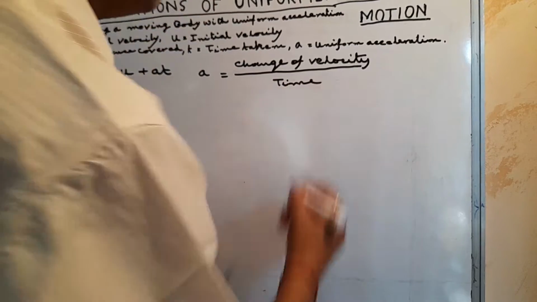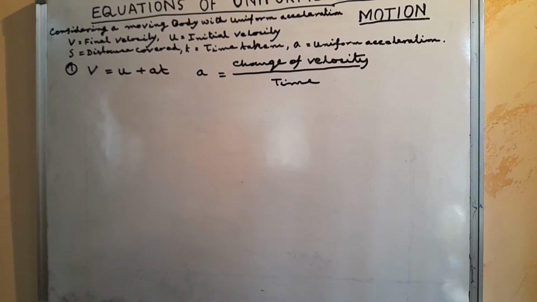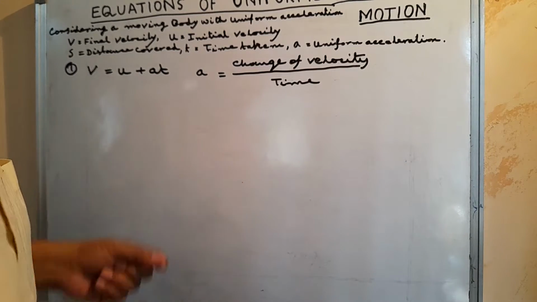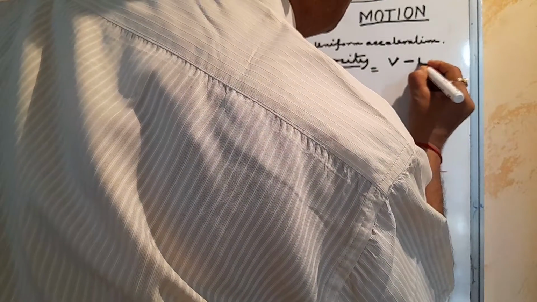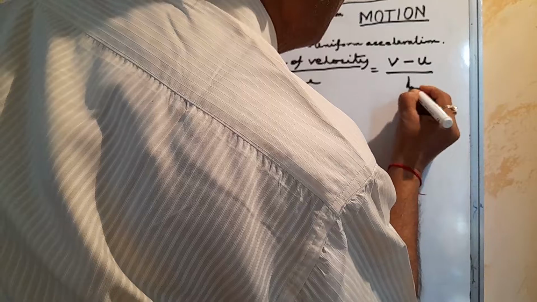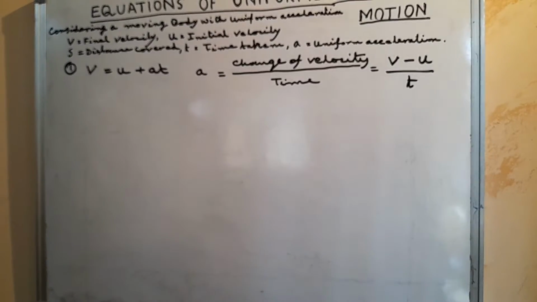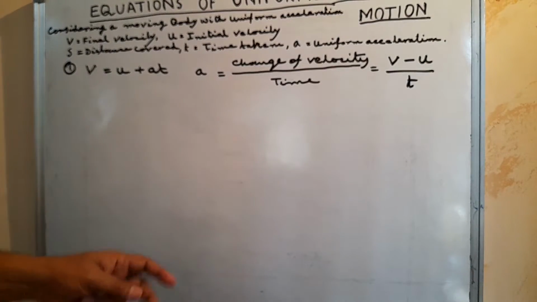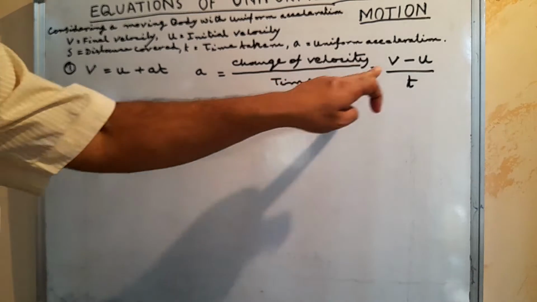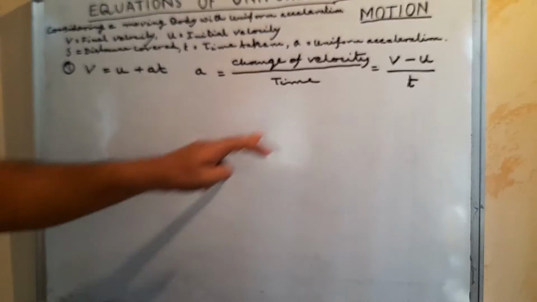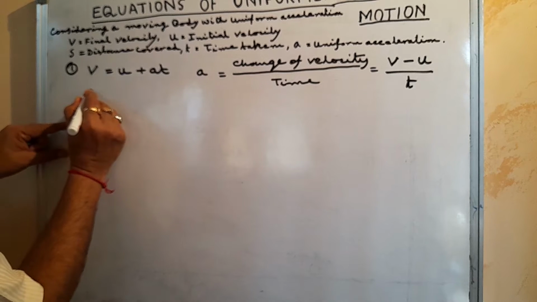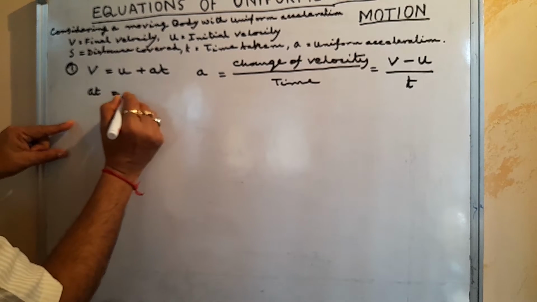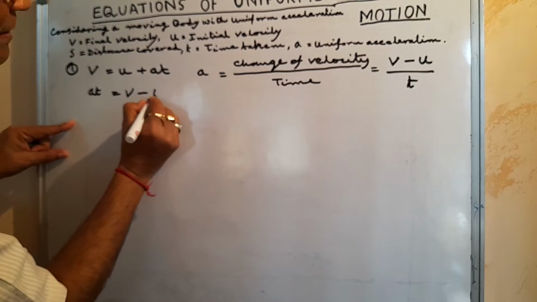So in terms of v and u, we write v minus u divided by t. This is our acceleration. So a equal to v minus u by t, which gives at equal to v minus u.